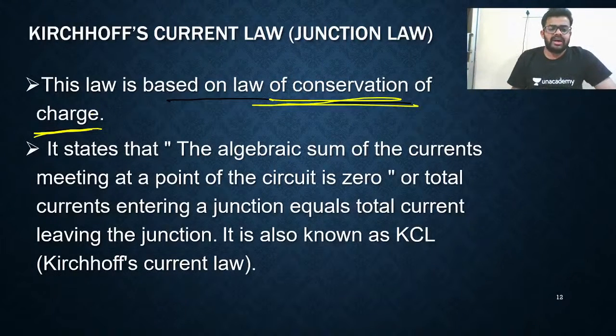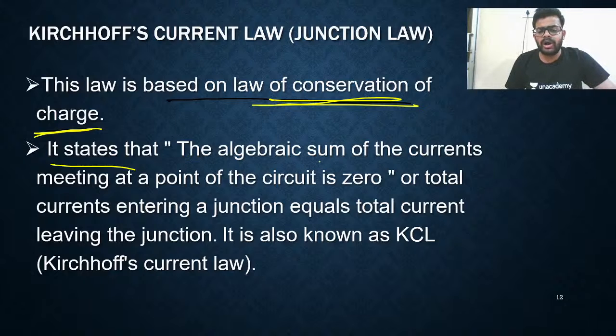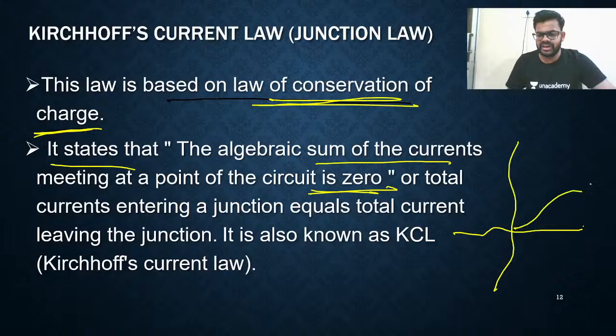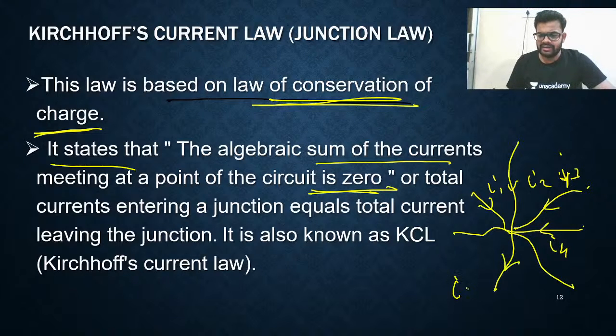It states that the algebraic sum of currents meeting at a point of a circuit is zero. Let's say there is a circuit and a junction, with so many wires: I1, I2, I3, I4, I5, I6 and I7.